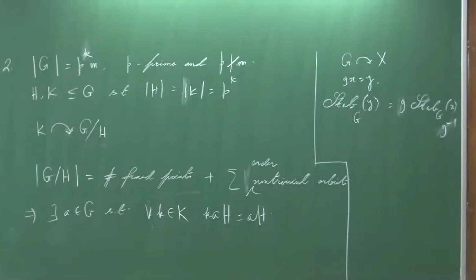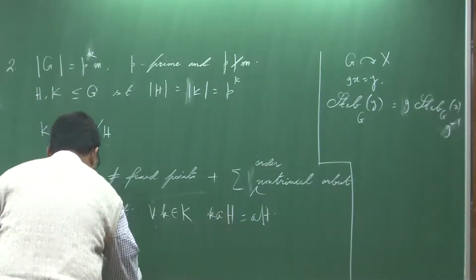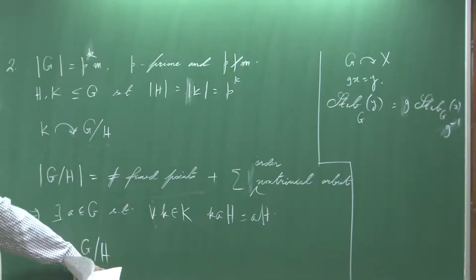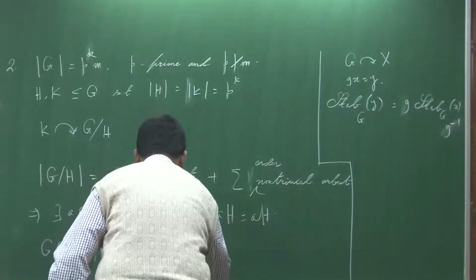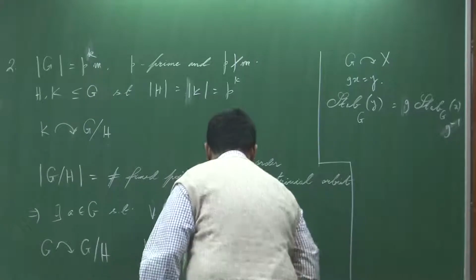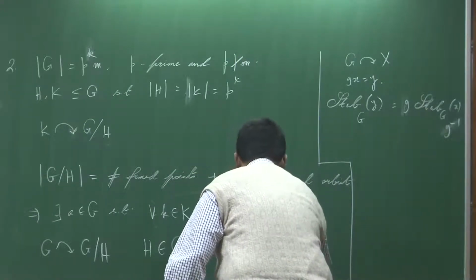Now, let us come here. In the action of G on G modulo H, the stabilizer of H was H itself.